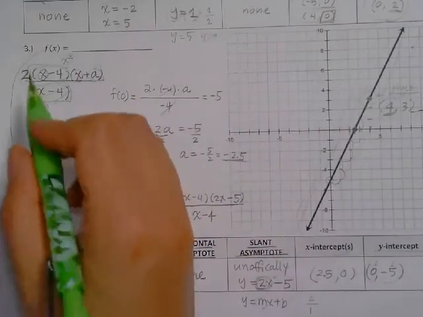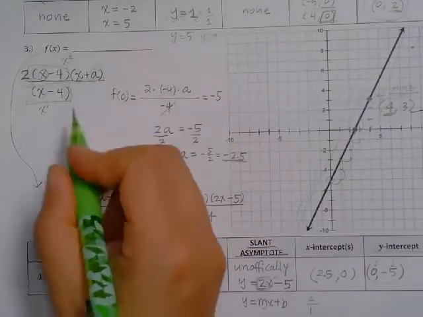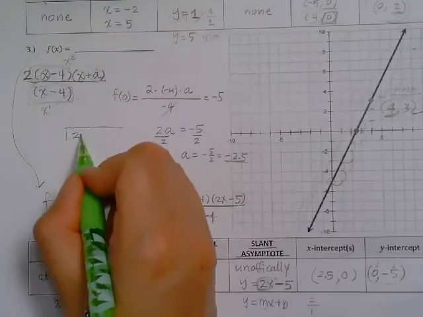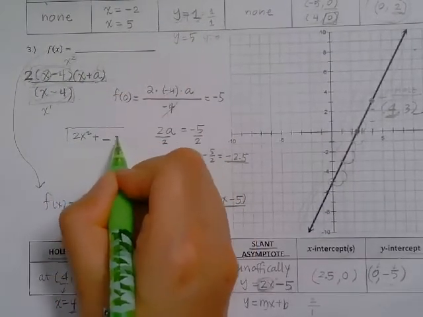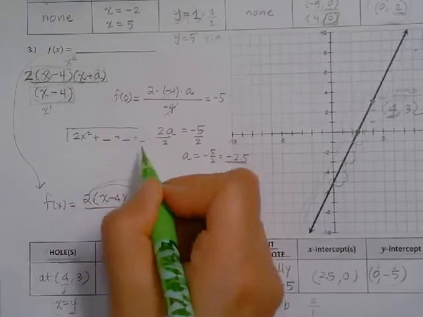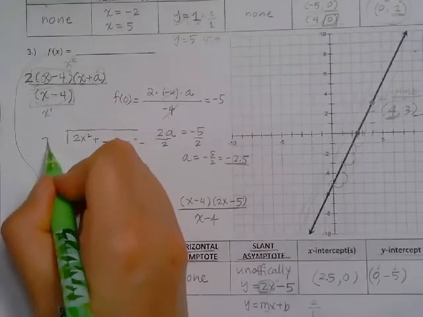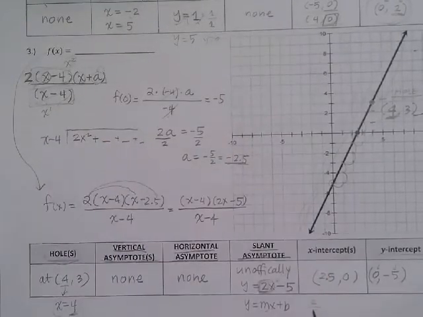So it's like if this one was something else, we can just have this. So then it's going to be 2x squared plus something, and plus something, and so on. And then we're dividing this one by what? x minus 4, right?